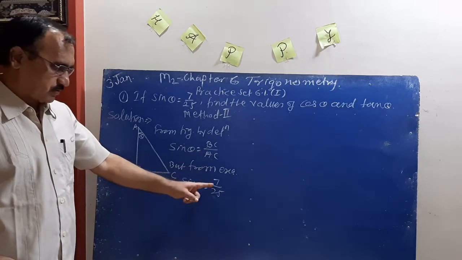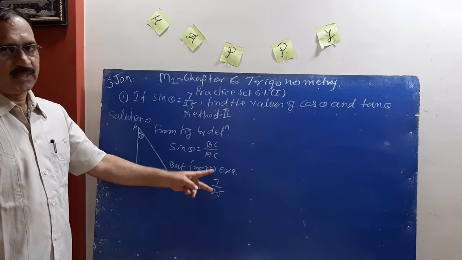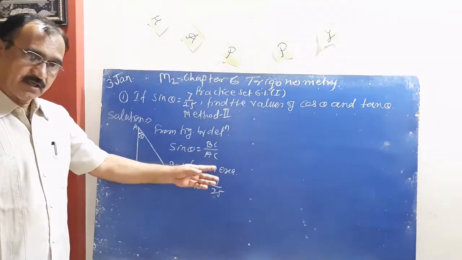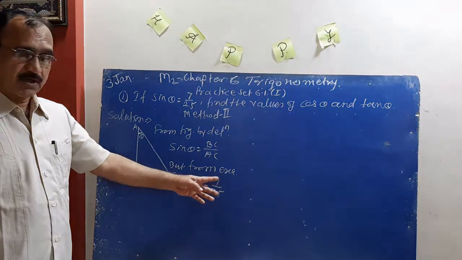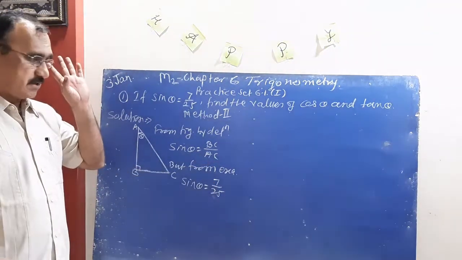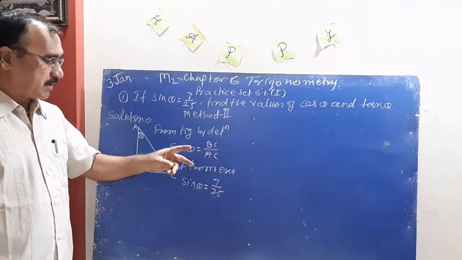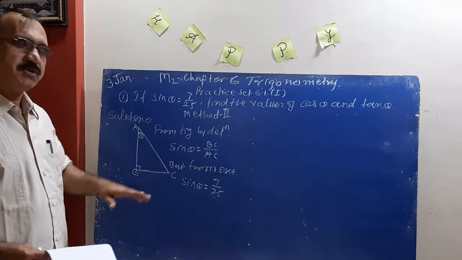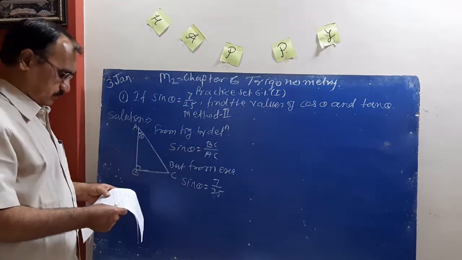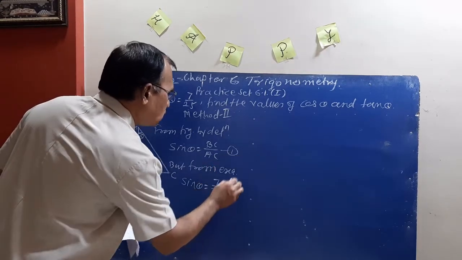Means BC is equal to 7 and AC is equal to 25, but this is a ratio, meaning the common multiple is ignored here. That means there is some common multiple in 7 and 25. Therefore, first we have to consider the common multiple of this ratio, and suppose it is K. And therefore, from 1 and 2. This is 1.